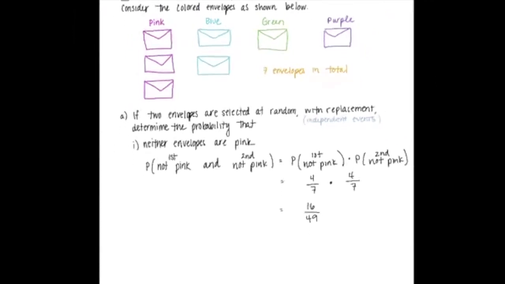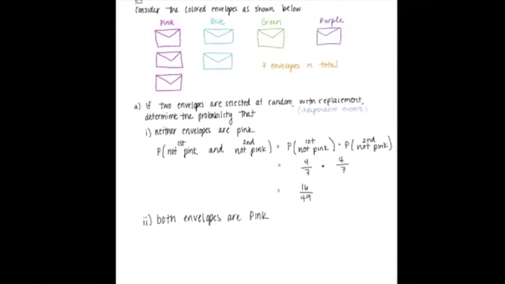If I try to do the opposite and figure out the probability that both envelopes are pink, again, we do pretty much the exact same thing. So we look at the probability the first is pink and the second is pink. So that's the probability the first is pink multiplied by the probability the second is pink.